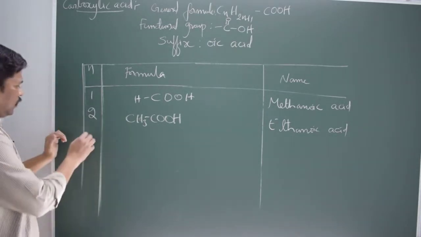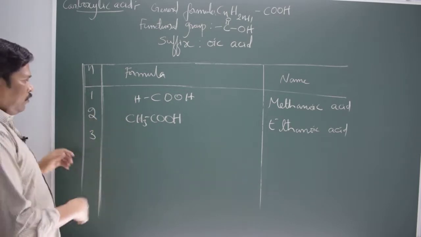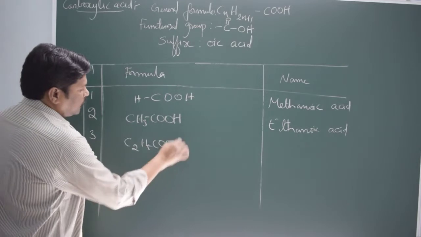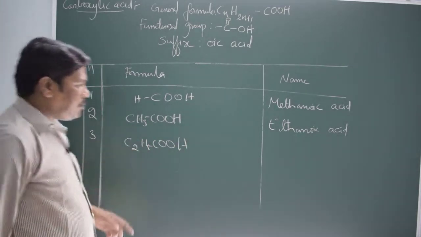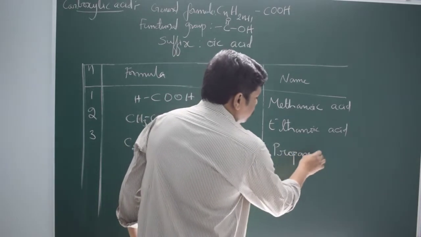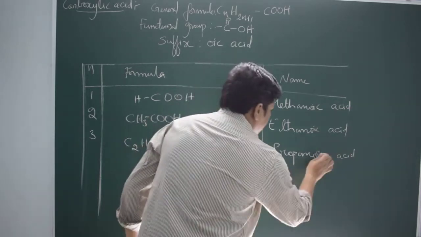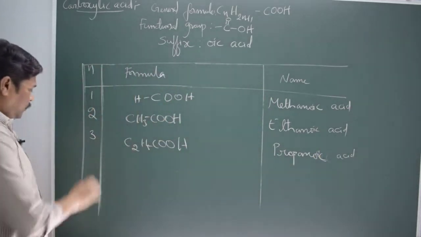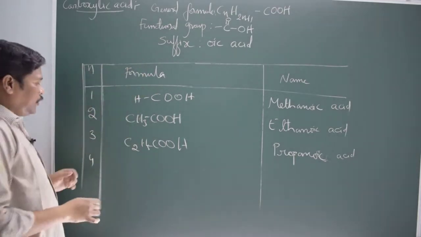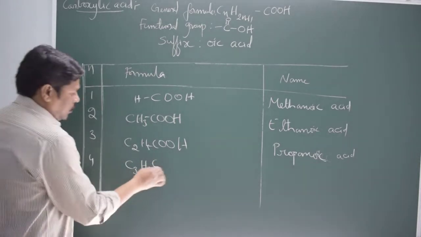The third member, with 3 carbon atoms. So this is methyl, and now I'm going for an ethyl group, C2H5COOH. Count the number of carbon atoms. 3 carbon atoms are there, so it is propanoic acid. Then the fourth, C3H7, the propyl group, then COOH.